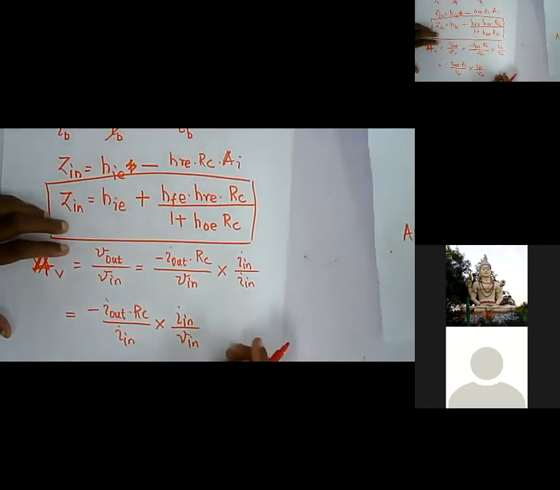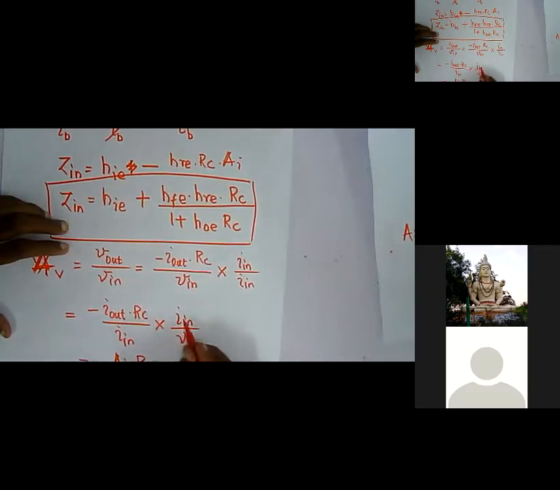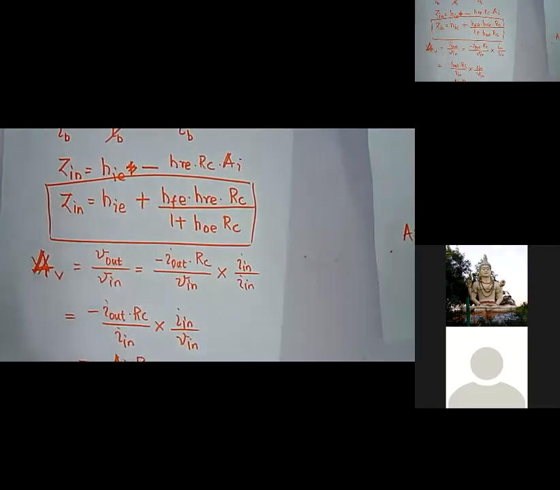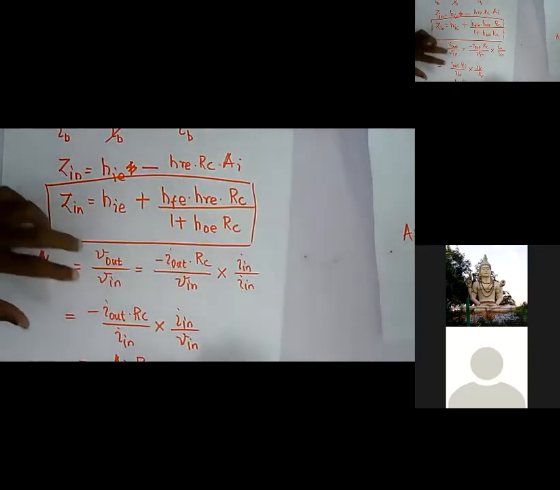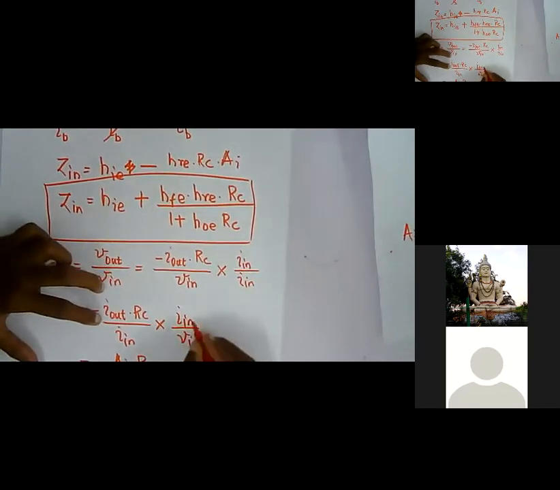So what is I out by I in? It will be your current gain, minus AI into RC. And what is I in by V in?